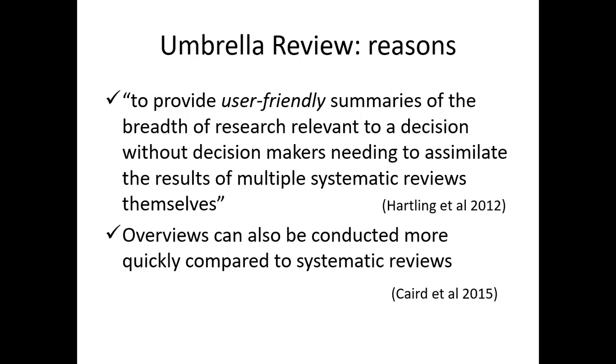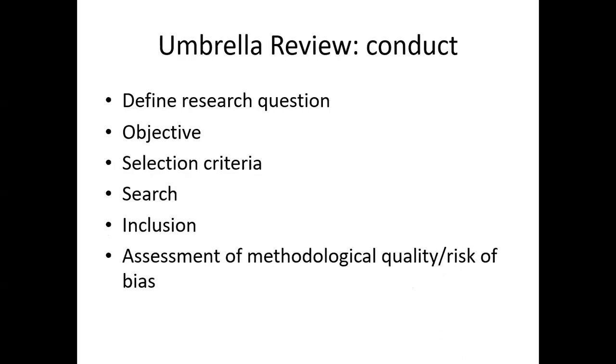Most of the time decision makers don't have time to read 5-10 articles. Overviews can also be conducted more quickly compared to systematic reviews. If you are well organized, you can produce it faster than a systematic review. Next.